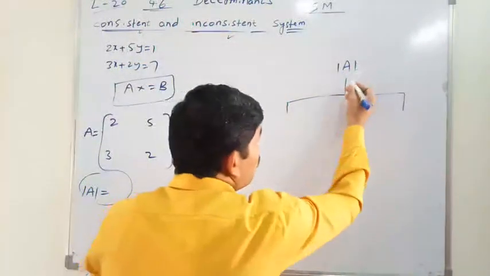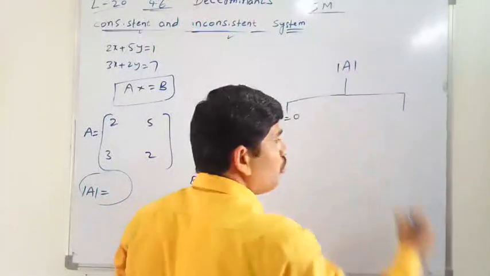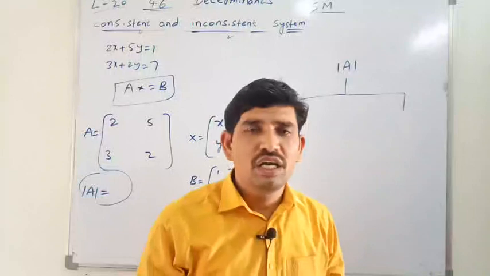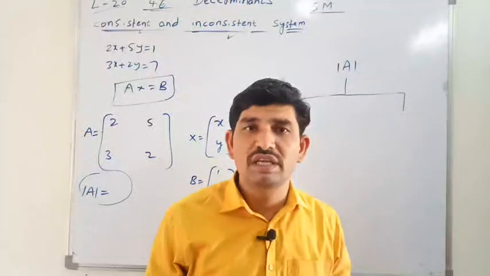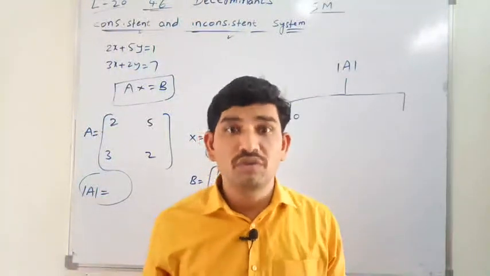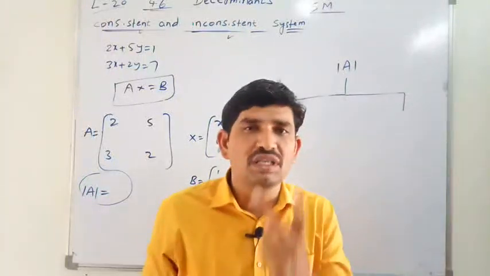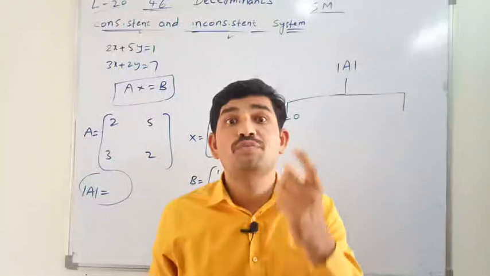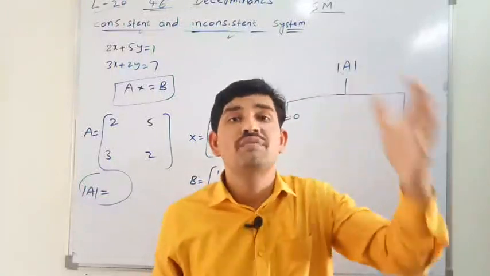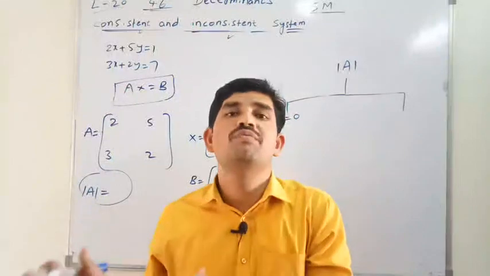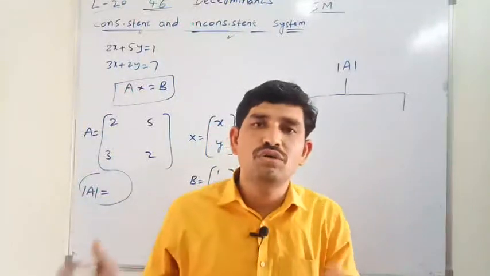If we got the determinant of A equal to 0, we know what we have to say. If the determinant is not equal to 0, there are two cases: when finding the determinant of any matrix, in some cases we get 0, and in some cases we do not get 0.